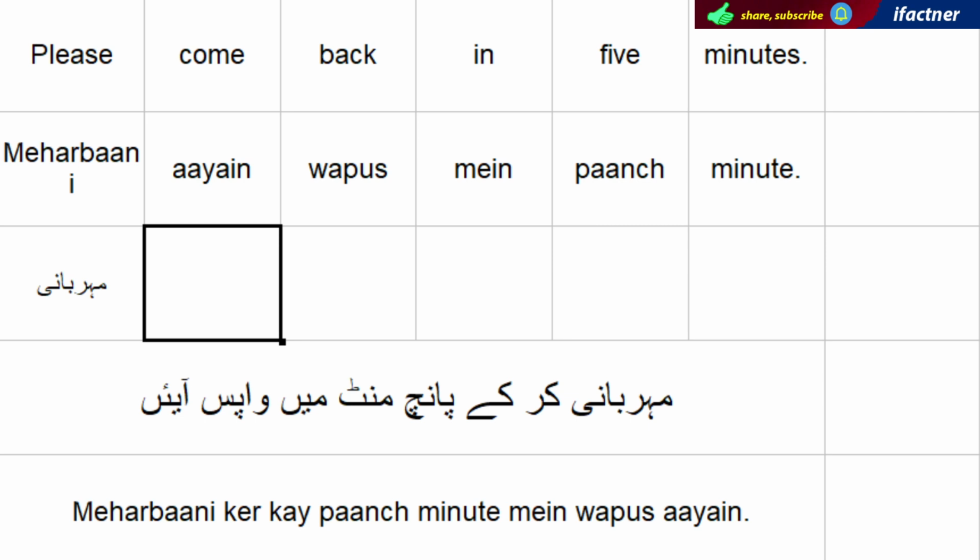I is I because it is making a big sound, a longer sound, therefore it should be alif mad a, e, hamza, ye, and noon. So I is written like this. Wapas is waw, alif, pe, sin, wapas.